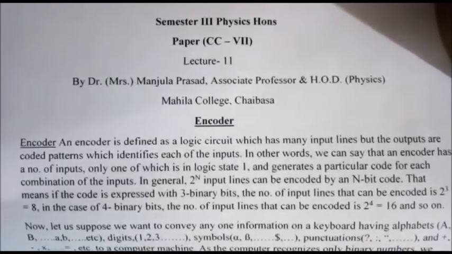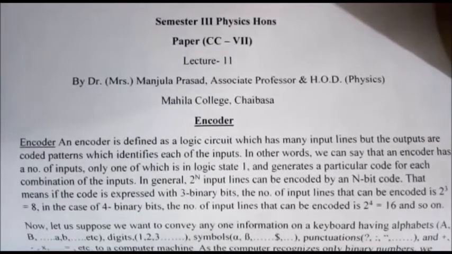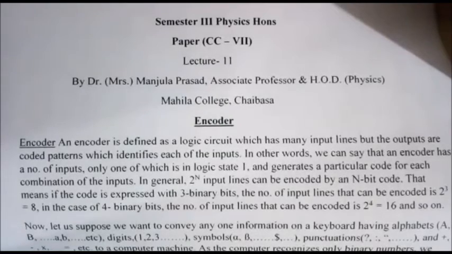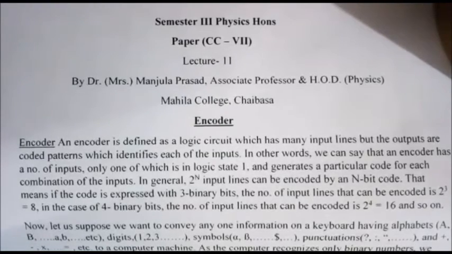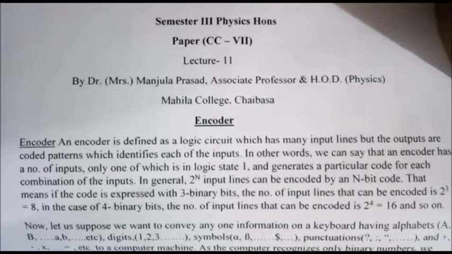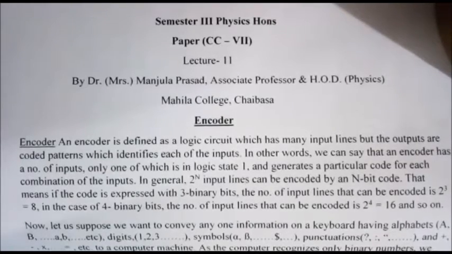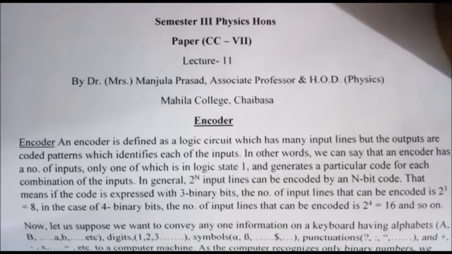An encoder is defined as a logic circuit which has many input lines, but the outputs are coded patterns which identify each of the inputs. In other words, an encoder has a number of inputs, only one of which is in logic state 1, and it generates a particular code for each combination of the inputs.